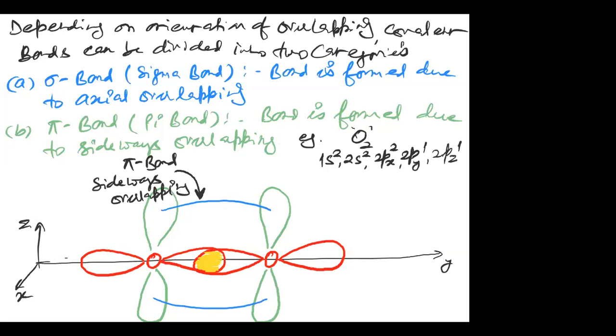This bond is nothing but, let's say, sigma bond, and this bond is formed due to axial overlapping. So whenever we have multiple bonds, one bond has to be sigma and one bond has to be pi. Sigma bond is formed due to axial overlapping, and pi bond is formed due to sideways overlapping.